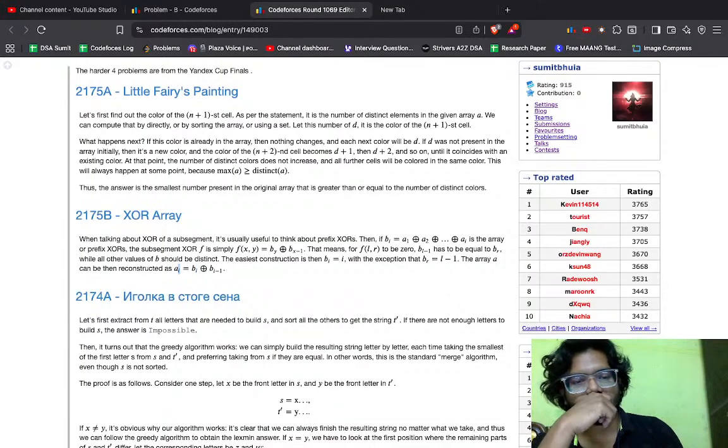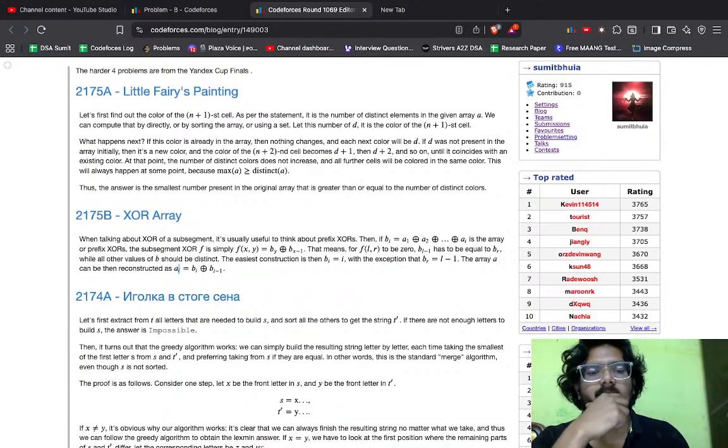A I is maybe A0. Okay, A0. XORing negative numbers is not possible, I guess. Variable constraints.